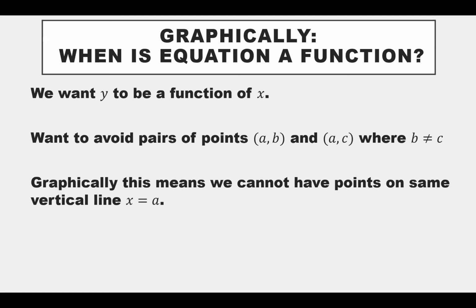That means I want to avoid pairs of points with the same inputs and different outputs. If you graph A comma B and A comma C, where B and C are different, then they are going to appear on the same vertical line.